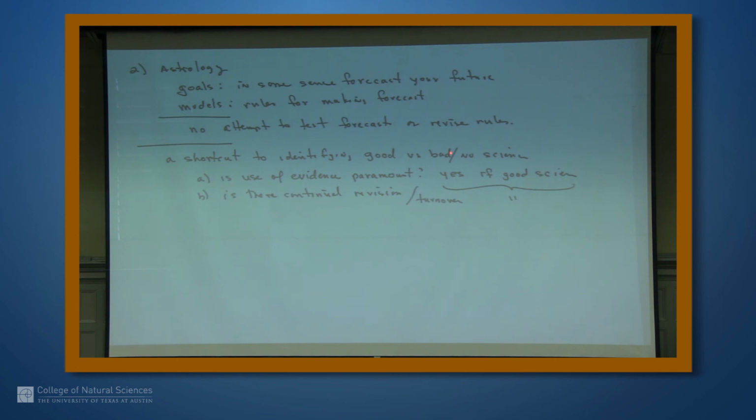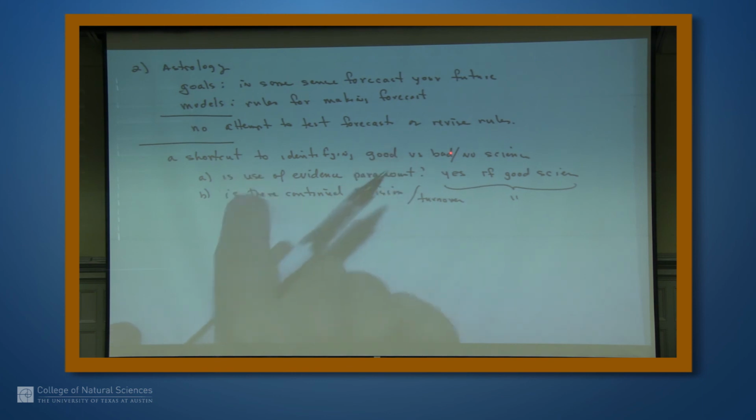So if you see those two characteristics, you have an idea that science is being ruthlessly applied to the discipline, to the institution. If either or both are absent, definitely not. But it's a shortcut, right? So technically you still have to go in and ask, okay, are all the elements present, etc. But this is a pretty good first pass.